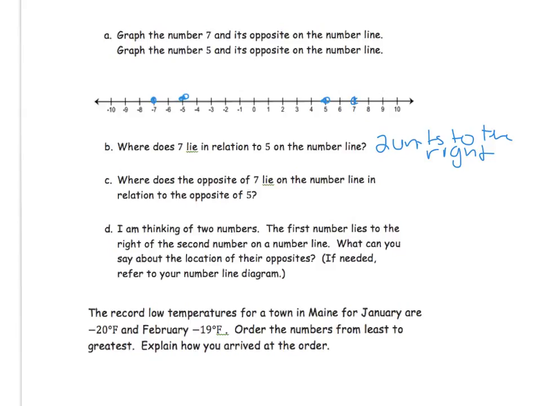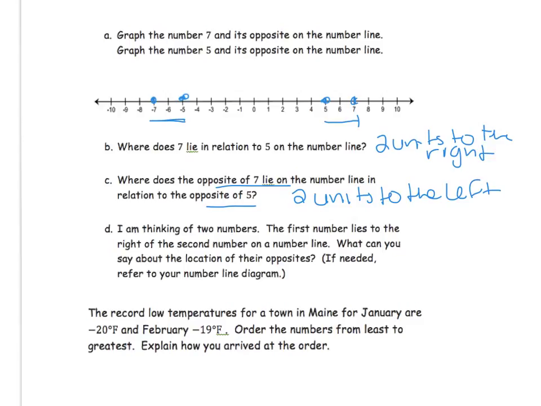Where does the opposite of 7 lie in relation to the opposite of 5? So right down here. Instead of 2 units to the right, it's the opposite, 2 units to the left.